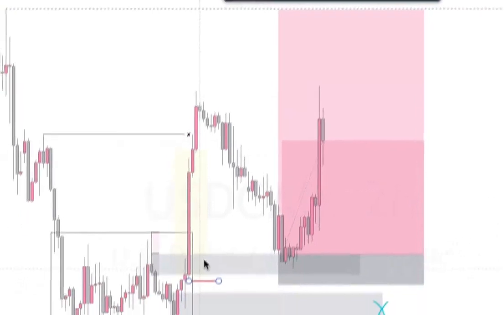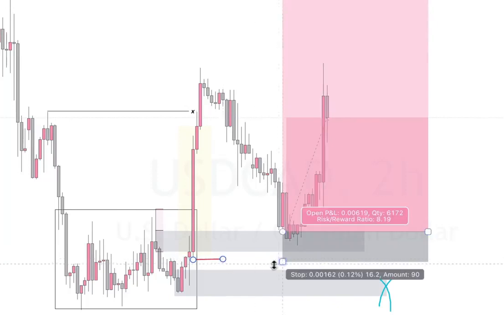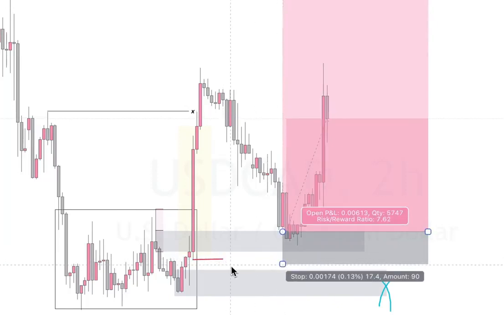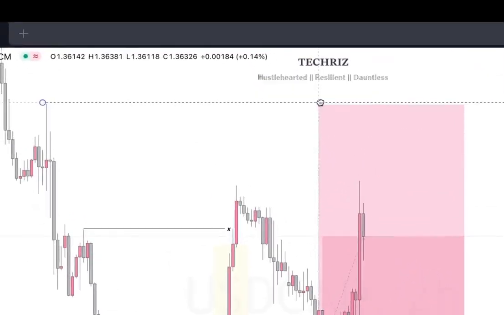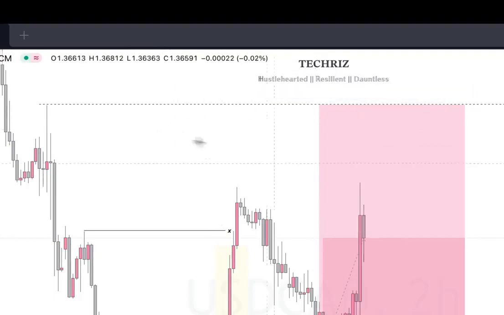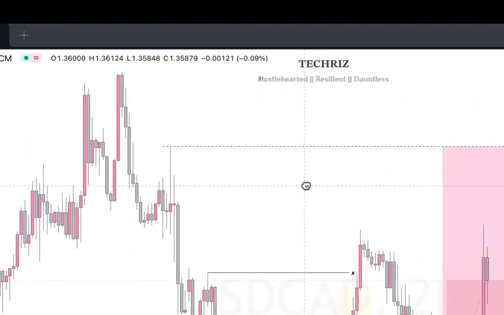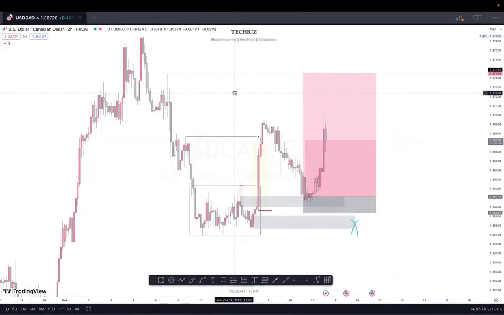So I just place my SL slightly below it, and then I'm targeting the internal range liquidity right above here, and boom, you can see a very, very clean setup with not so much stress, not so much work, not so much thinking.